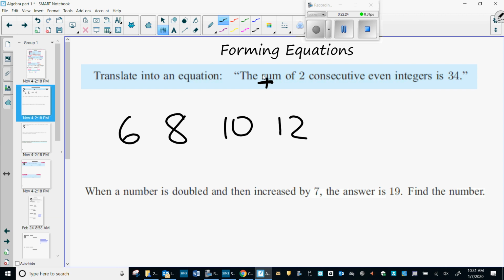So what we do here is we say, right, I'm going to pretend that this is x. You now have to tell me, if this was x, how would I describe my next even number? As another letter? In terms of x, yes. How could I get this number if this was x?